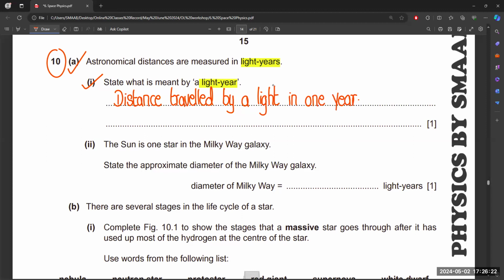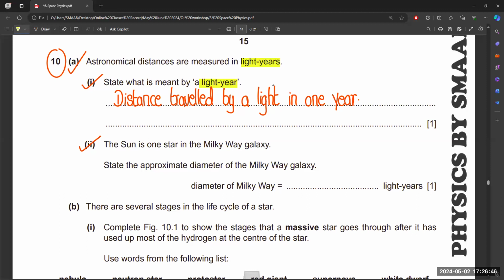There is a fixed value for the distance light covers in 1 year. So we measure the distances of other planets with reference to the light year, so that from one planet to another it might take 3 light years. It means this value will be equal to 3 times the value of 1 light year.